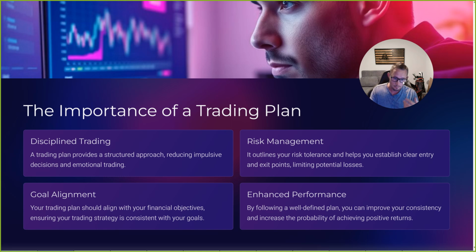Enhance performance. By following a well-defined plan, you can improve your consistency, increase your profitability, and achieve positive returns. It really does not take a lot of money to start compounding up. The biggest problem that beginners have is they want instant gratification.